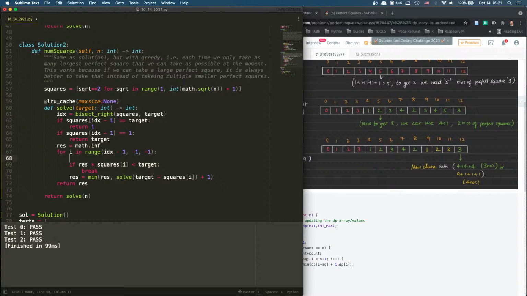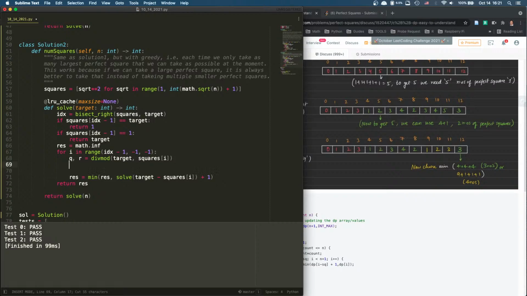We say we have the square, so we're going to say QR equals divmod target squares I, right?